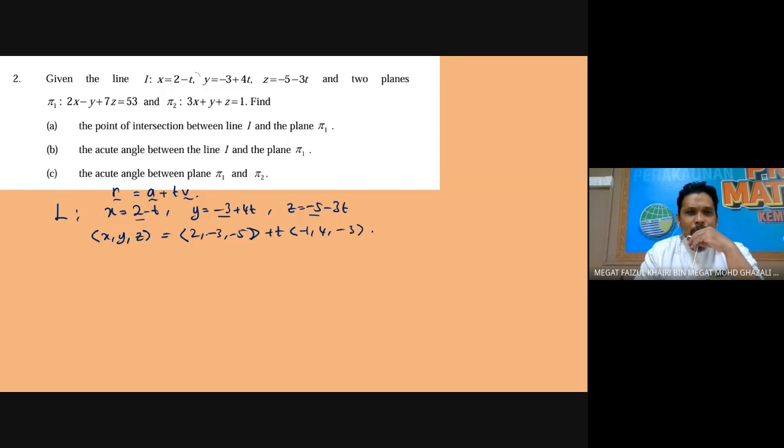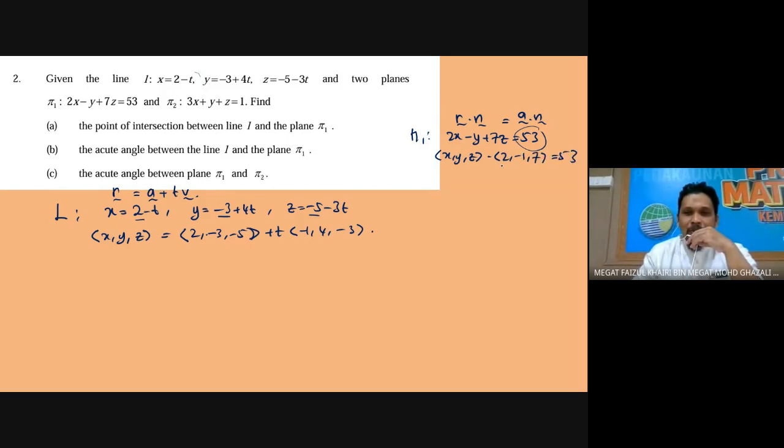Okay, and two planes. Plane pi 1: we have 2x minus y plus 7z equals 53, in the form r dot n equals a dot n, where a dot n equals 53, and r is x, y, z dotted with the normal 2, negative 1, 7.